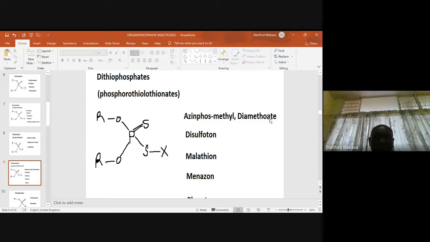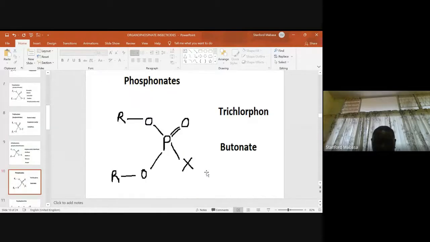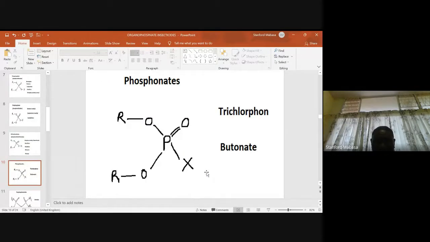Dimethoate, we know it as methyl or dimethoate. Then disulfoton. This one we know, malathion and menazon. Then we have got the phosphonates.